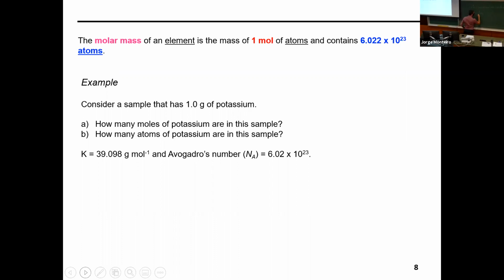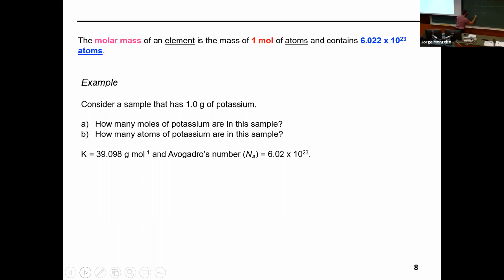And the problem is asking us, 1 gram of potassium, how many moles? So now we end up with a simple proportion. Whatever happens on the right side, it has to happen on the left side. Cross multiplication, 39.098 grams times X equals 1 mole times 1 gram.